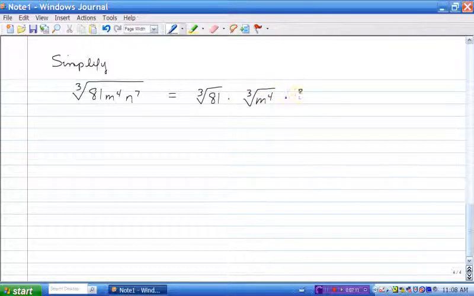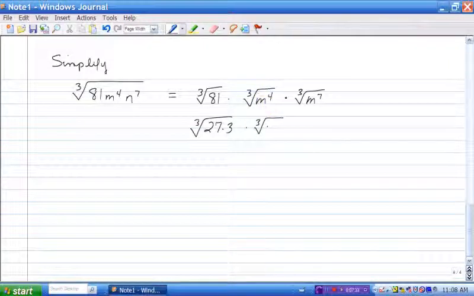And the answer would be no, but I can rewrite it as 27 times 3. And in order to take the cube root of m to a certain power, I need m cubed. So I'm going to rewrite that as m cubed times m. And here, I need some multiple of 3, so I'm going to make that m to the 6th times m.